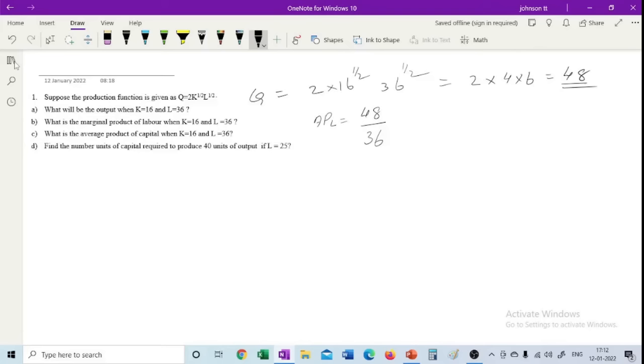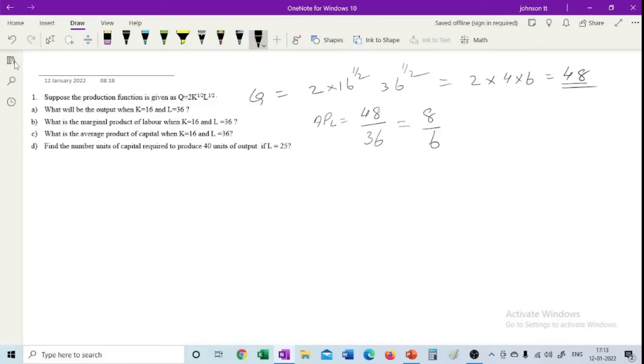So 48 divided by 36, that is equal to 8 by 6. So the average product of labor is 8 by 6. Then we know that marginal product of labor is equal to alpha into average product of labor. So here alpha is 1 by 2.